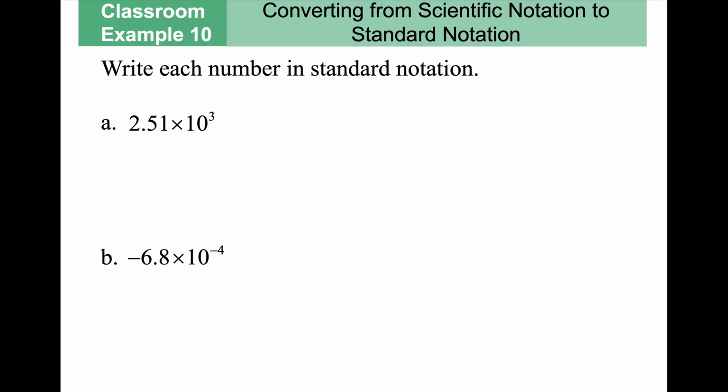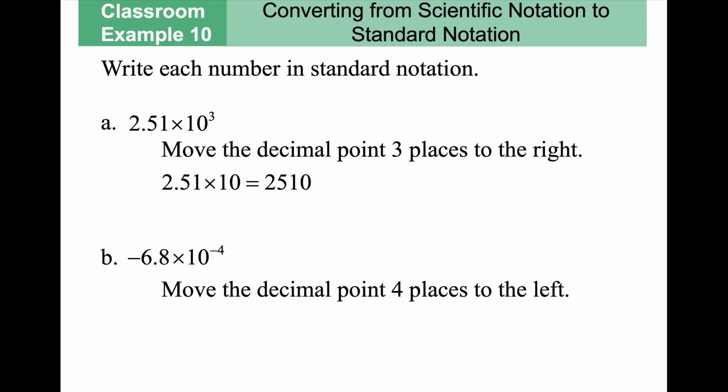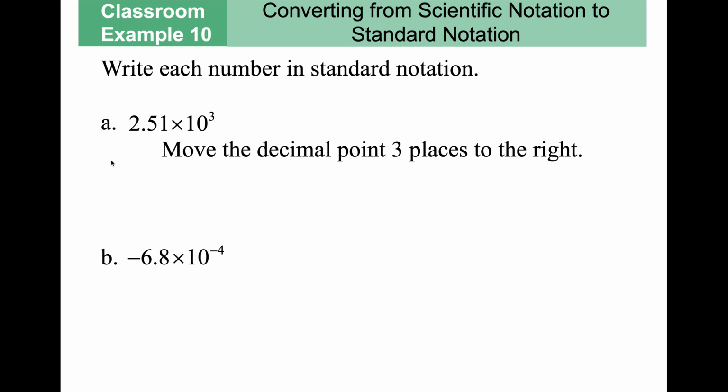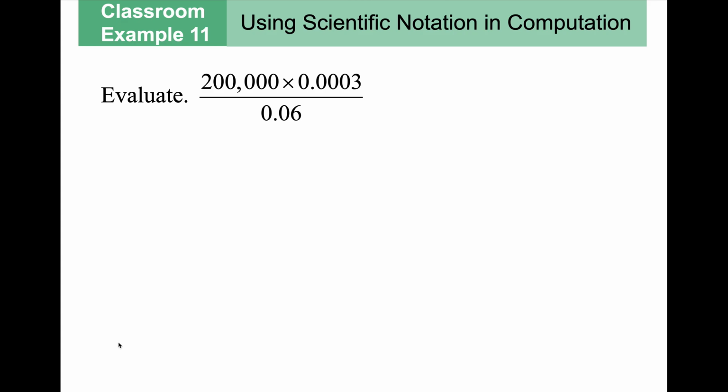So if we're looking at 2.51 times 10 to the third, I need to move the decimal point 3 places to the right: 1, 2, 3, so 2,510. And the bottom one, I need to move it to the left 4 places. That would give me negative 0.00068. You would just count here, 1, 2, 3, 4, and you would place a 0 in every empty spot.